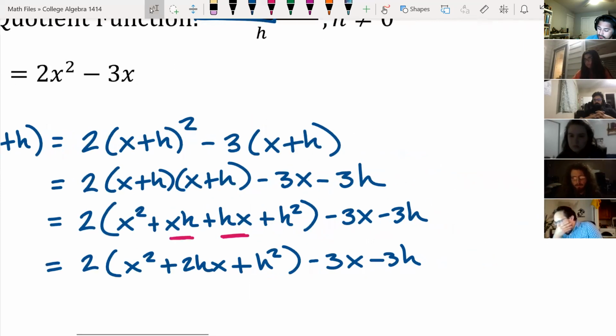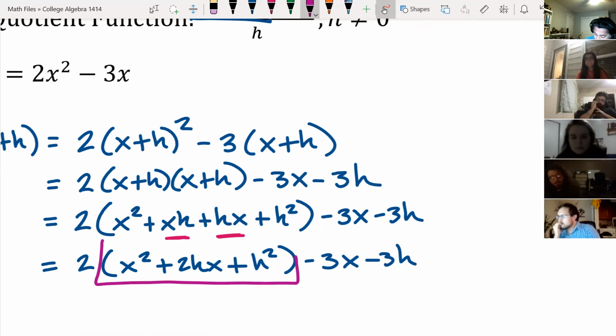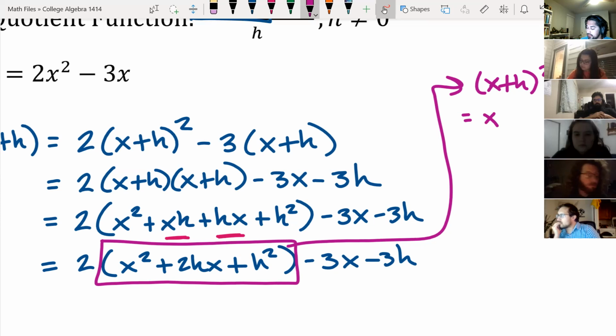And now I'm going to help you out and save you some time for later difference quotient problems. So this piece right here, just know that if you ever see x plus h squared, automatically this will FOIL to x squared plus 2hx plus h squared.